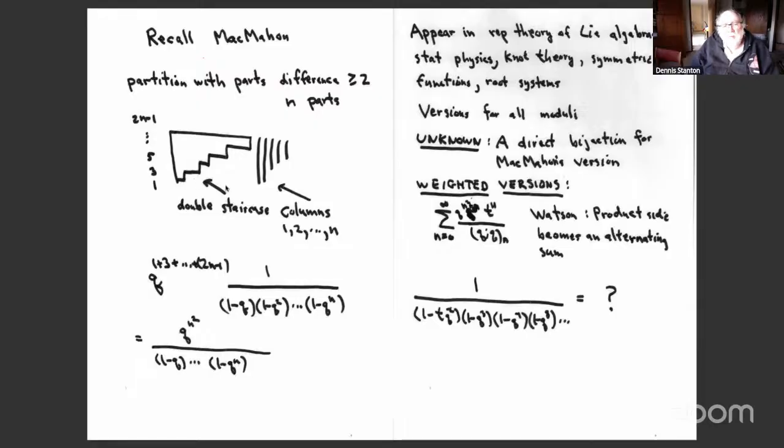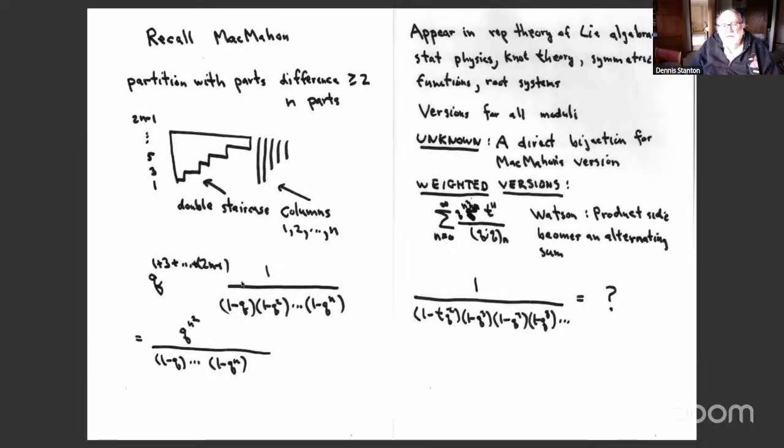And what remains is just an arbitrary partition whose parts could be any numbers from 1 to n. So if you look down here, it's q to the sum of the double staircase, any partition whose parts are 1 up to n. So that's the q to the n squared over this factor.